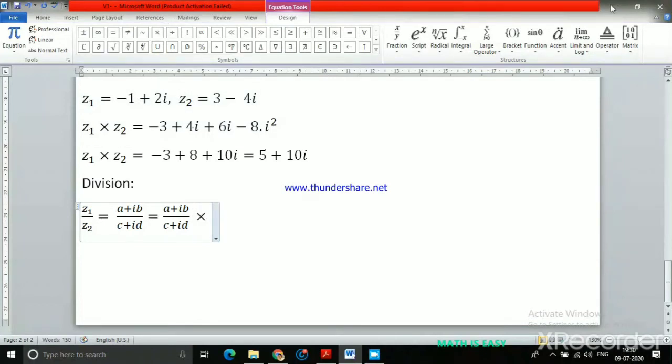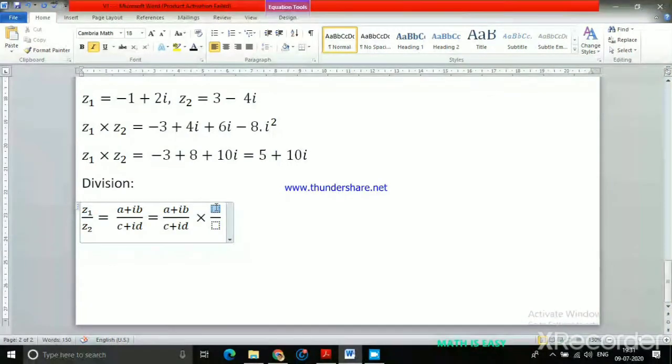In the denominator, the same numbers will be there, but I have to change the sign. c plus id is there in the denominator, so it will become c minus id. Even here also c minus id. So this is how I rationalize.